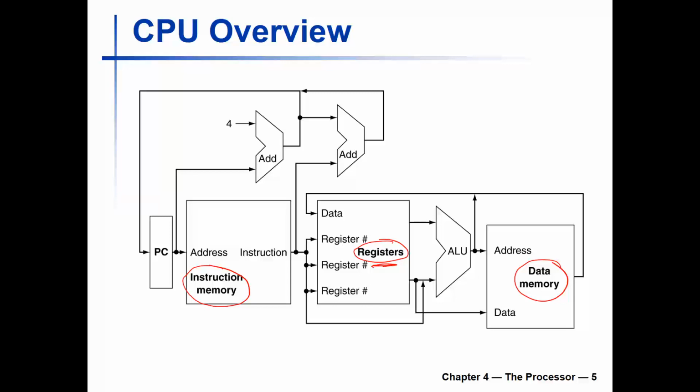Then we're going to have an ALU, and the purpose of the ALU is to perform the addition, the logical operations, subtraction, etc. Also, we are going to need the PC, the program counter, which points to the instruction to be executed. We send this value of the PC to the instruction memory and fetch the instruction to be executed. This program counter needs to be updated either by plus 4 or by the branch instruction.